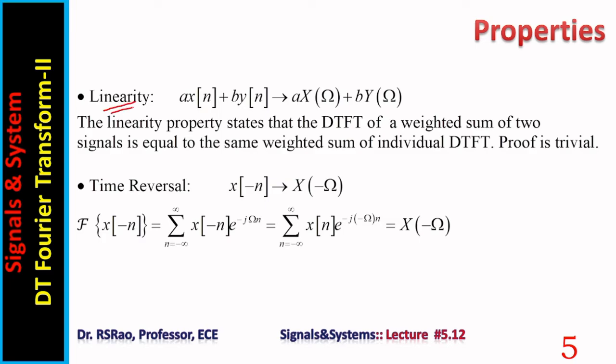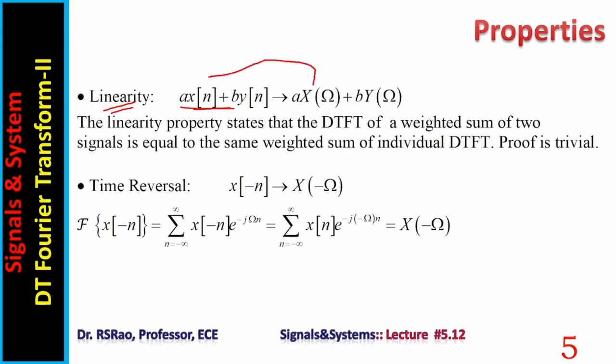In simplest possible terms, linearity is the superposition principle. In terms of mathematics, the linearity property can be stated as DTFT of A x of n plus B y of n is equal to A X of omega plus B Y of omega.